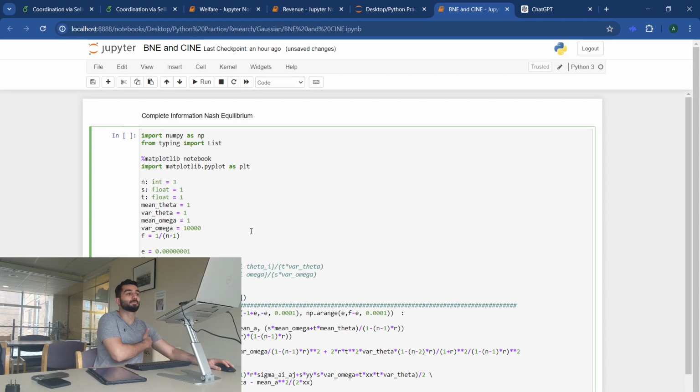Why should we compute sigma I theta j? Oh my god.